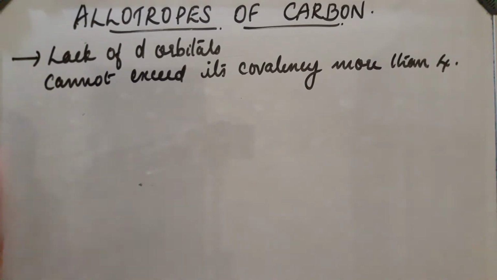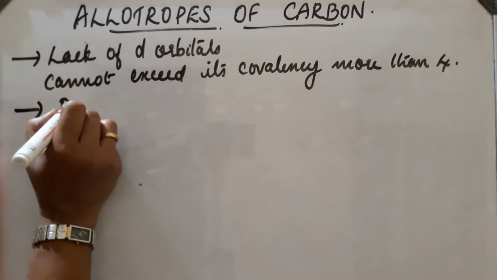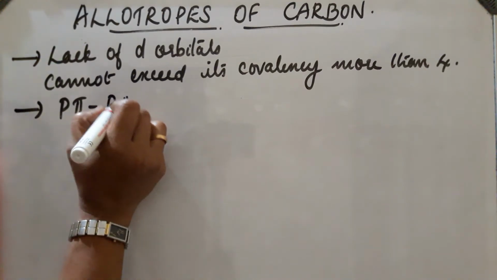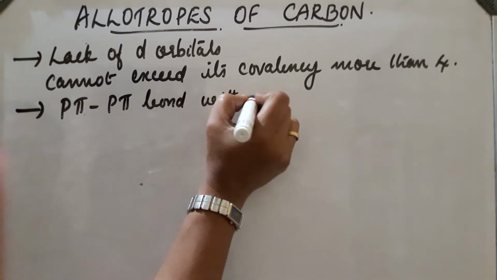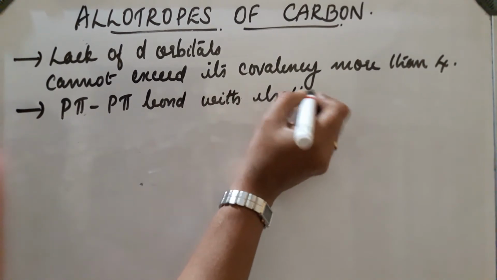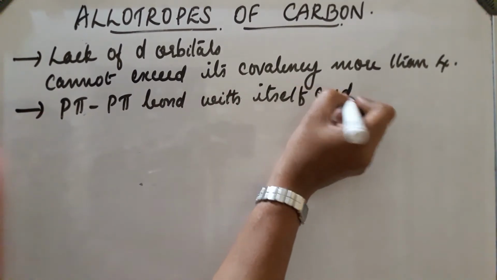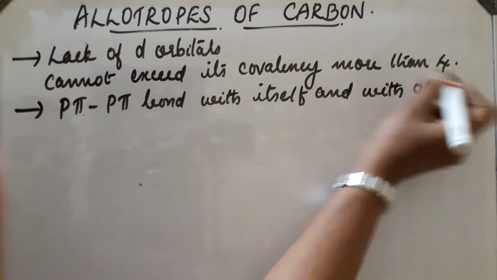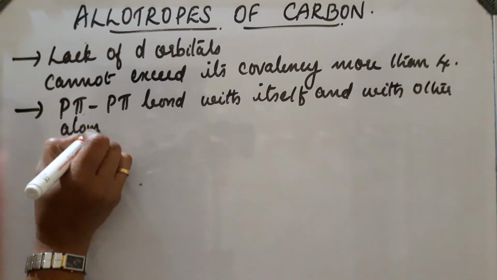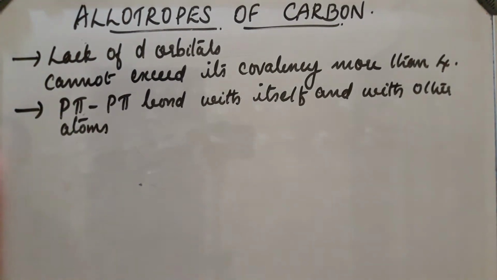Next, carbon also forms pi bonds with itself and with other atoms having high electronegativity and smaller size.